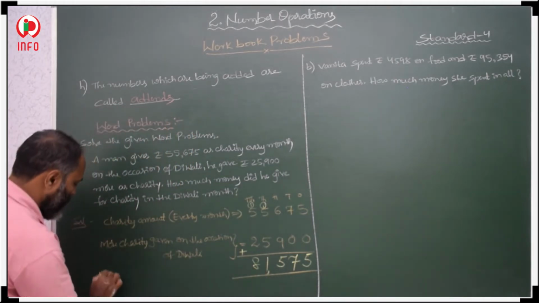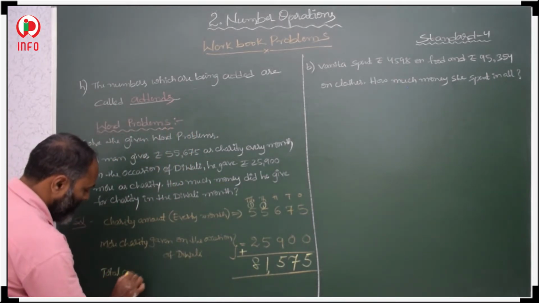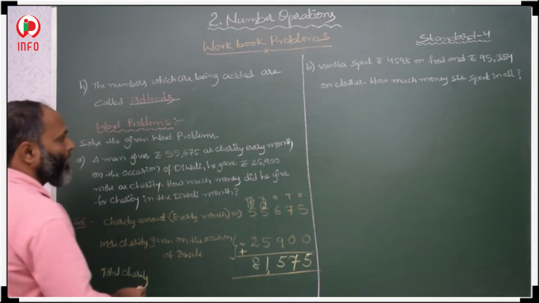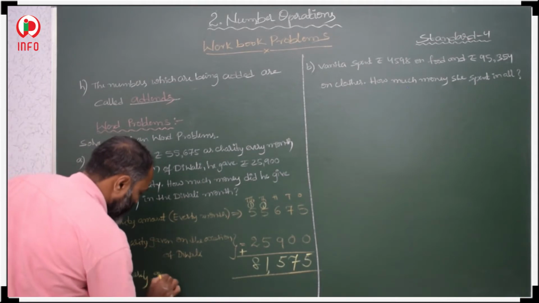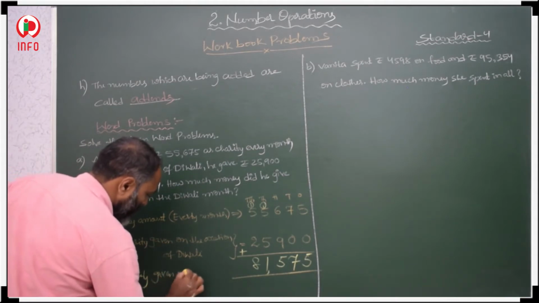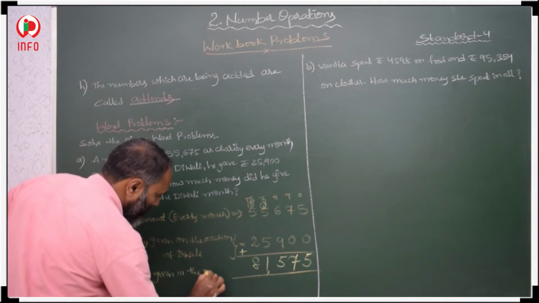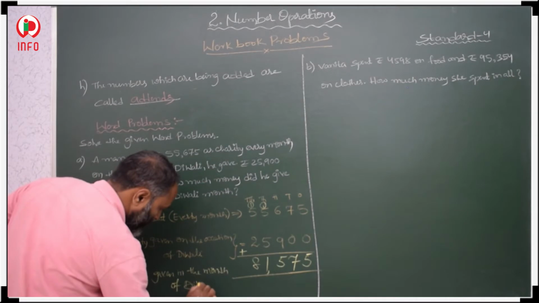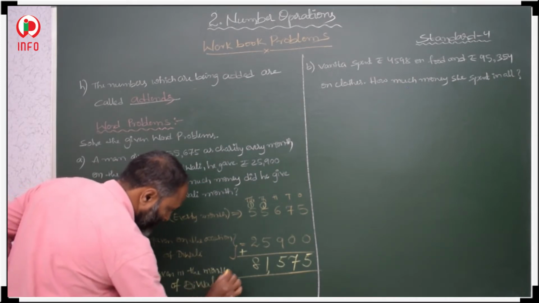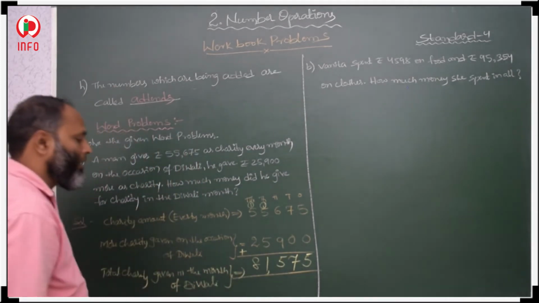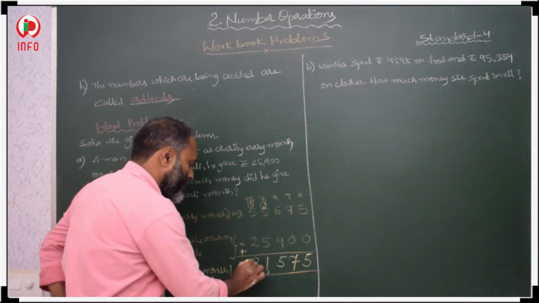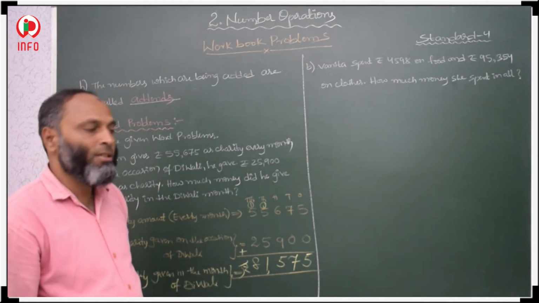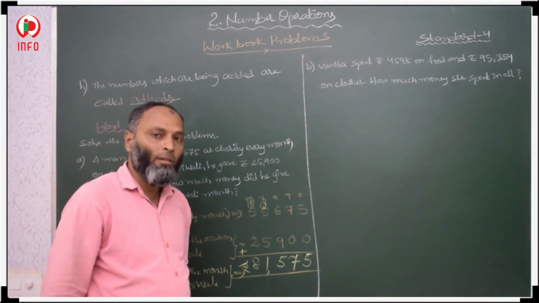Therefore, the total charity given in the month of Diwali is rupees 81,575.